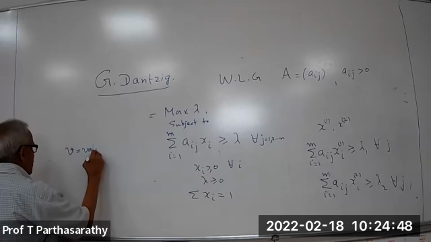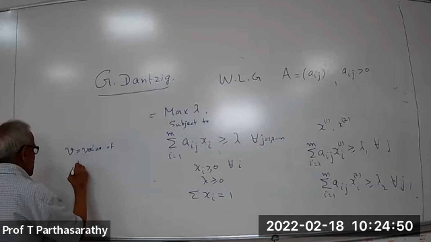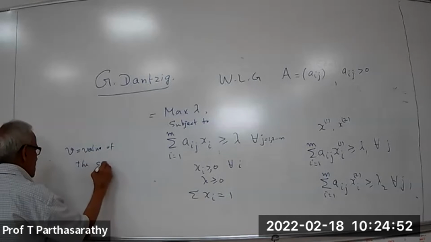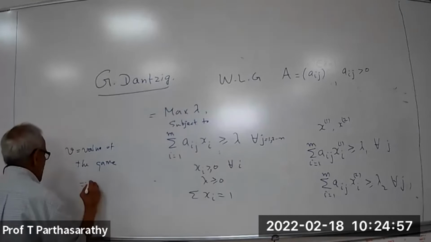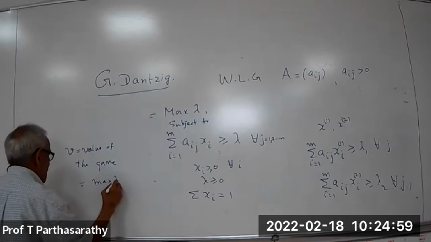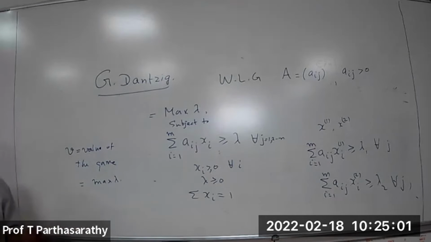This is what von Neumann defines. The value of the game is simply the max of lambda. And it is unique. There can't be more than one.